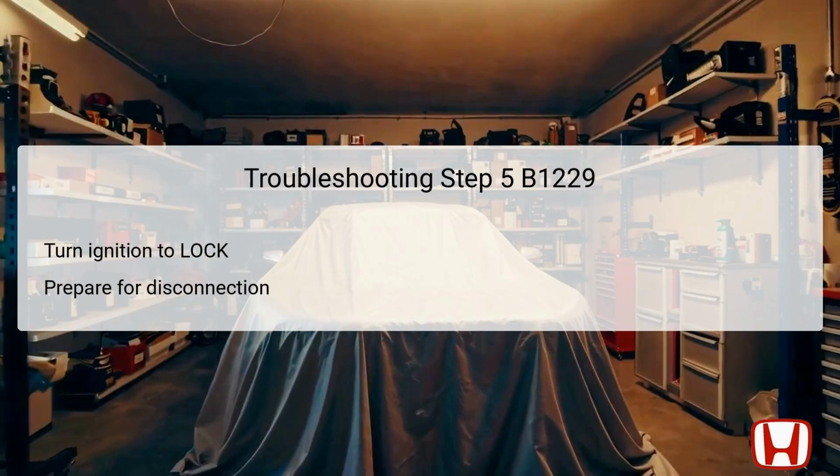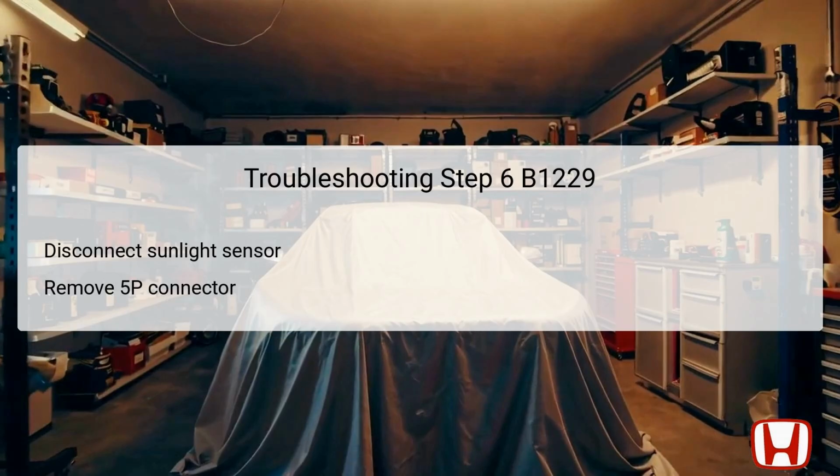Ensuring that safety protocols are followed at this stage is crucial, as it prepares the technician for effective and safe component checking. In the sixth troubleshooting step, the technician is required to disconnect the sunlight sensor by removing the 5P connector. This connector is specifically designed to facilitate communication between the sunlight sensor and the climate control unit.